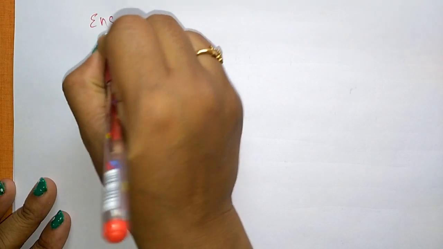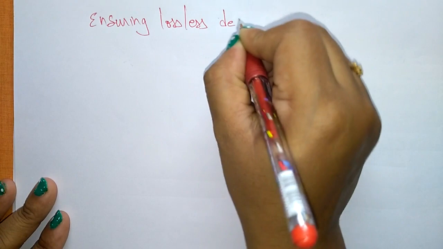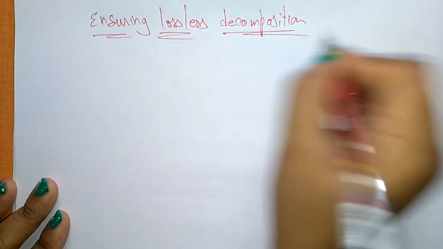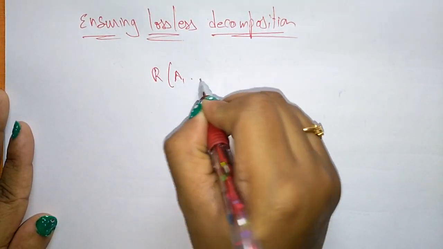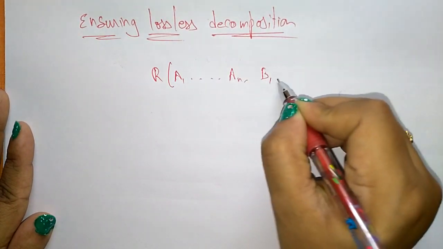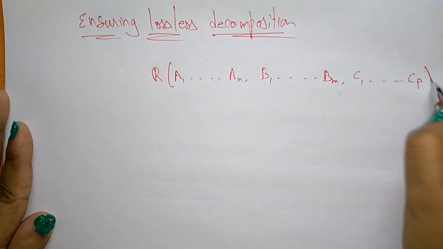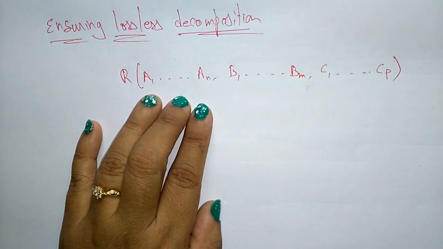Now you have to follow some rules for lossless decomposition. Let me write how you can ensure lossless decomposition. Let's take the relation R(A1 up to AN, B1 up to BM, C1 up to CP). These are the different attributes present in the relation.